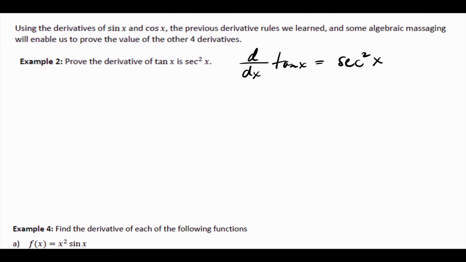Right? It's a combination of two others, right?